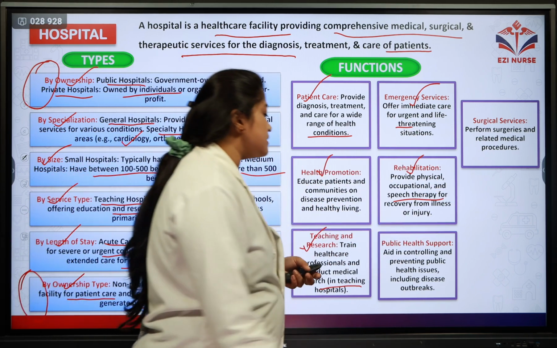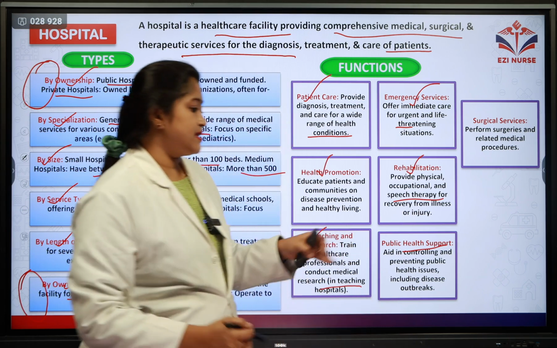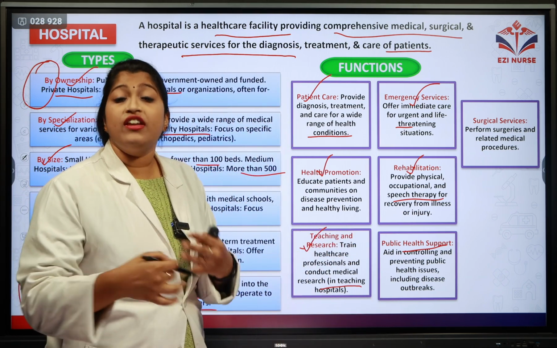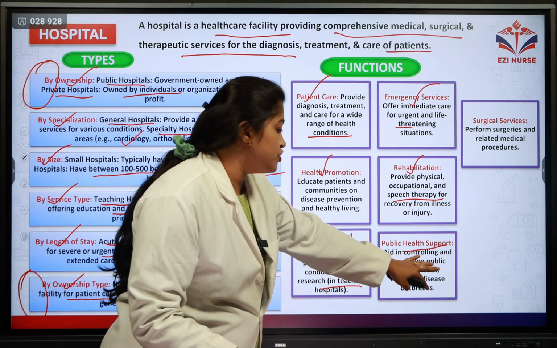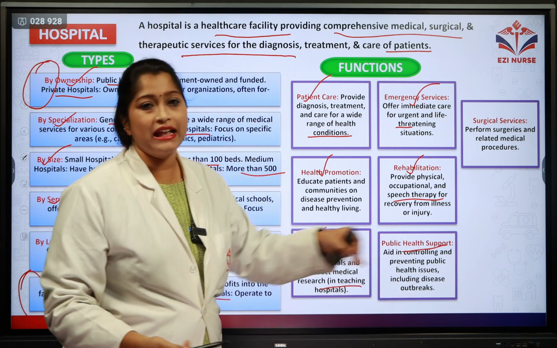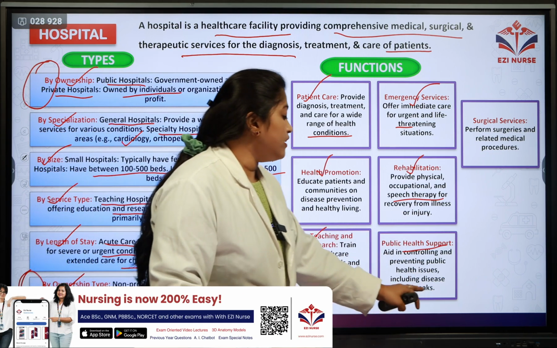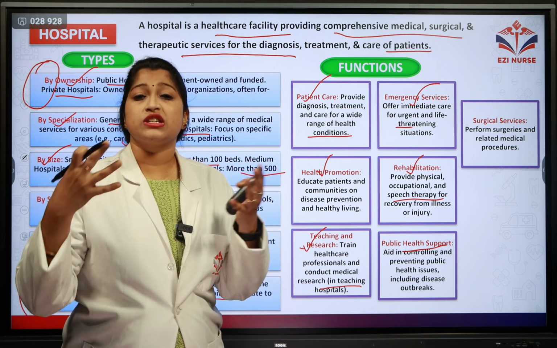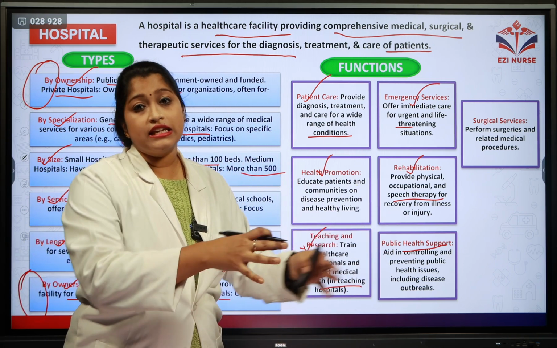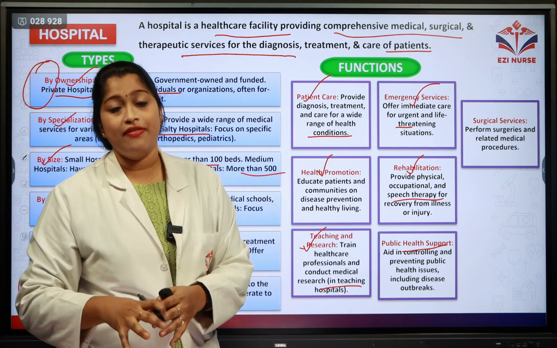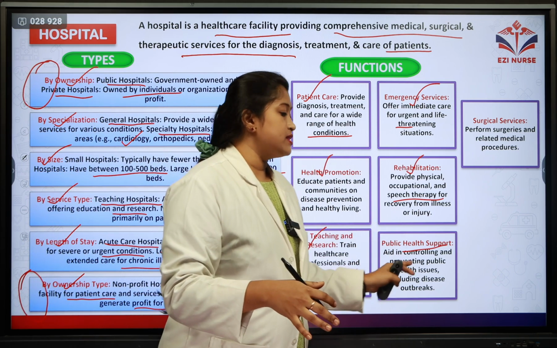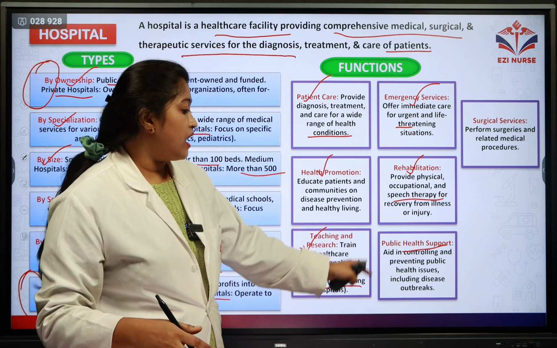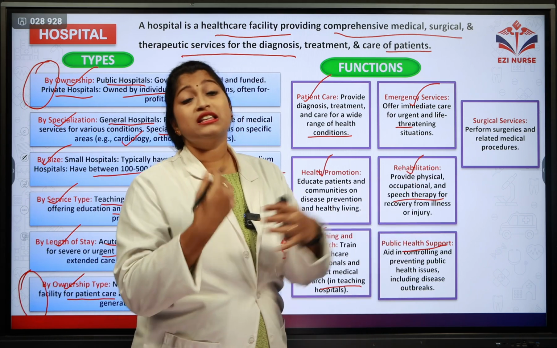And the next one is public health support. It gives aid by controlling and preventing public health issues, including disease outbreaks. They keep a count of all the diseases spreading in different months, and the outbreak of diseases can be controlled with the help of this public health support.